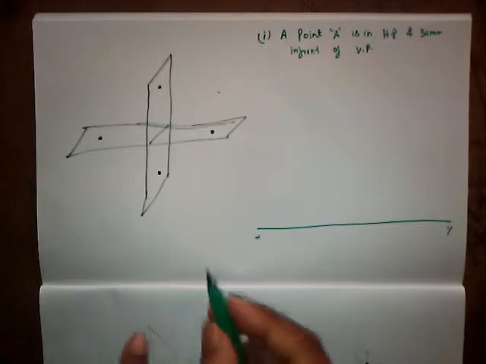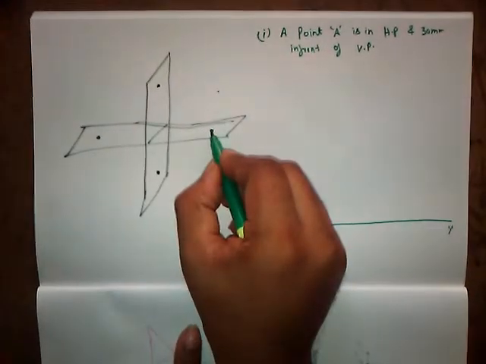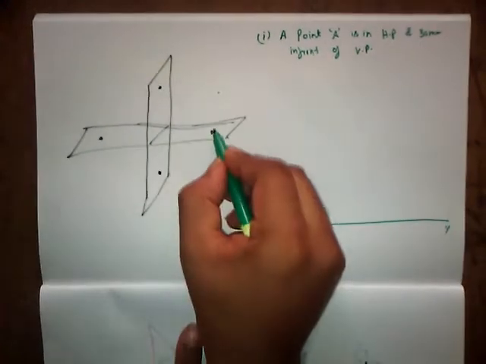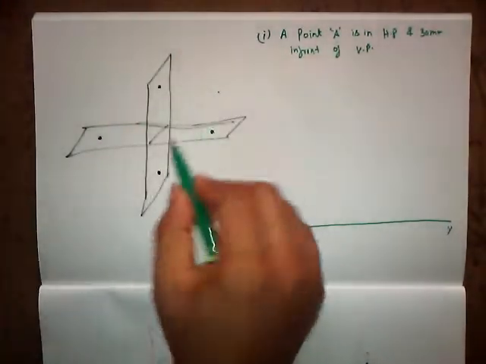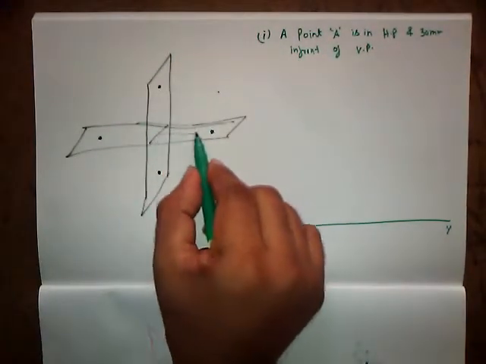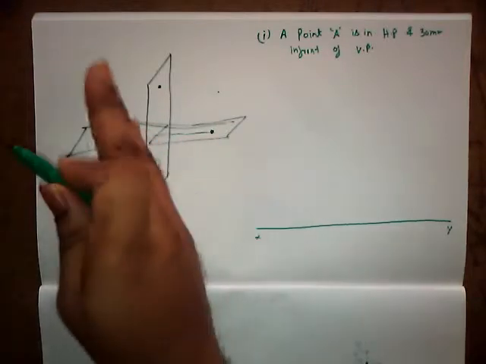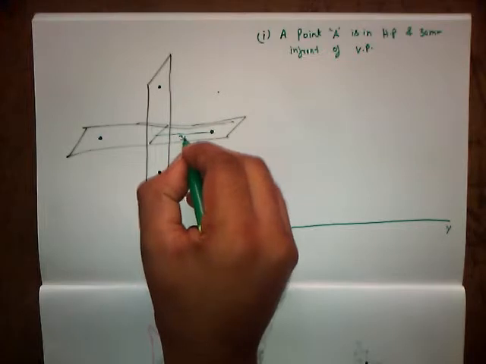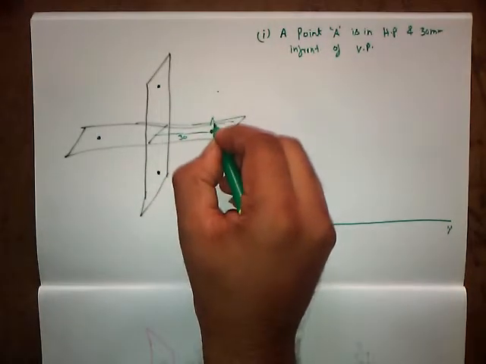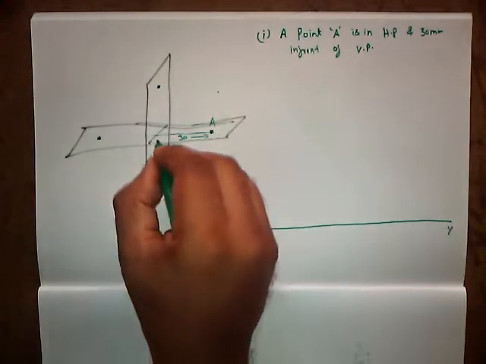As I said, the point is in HP, so either here or here, and the second condition is in front, so in the forward direction. So in front of VP and in HP. The distance given in front is 30 mm and the name of the point is capital A.